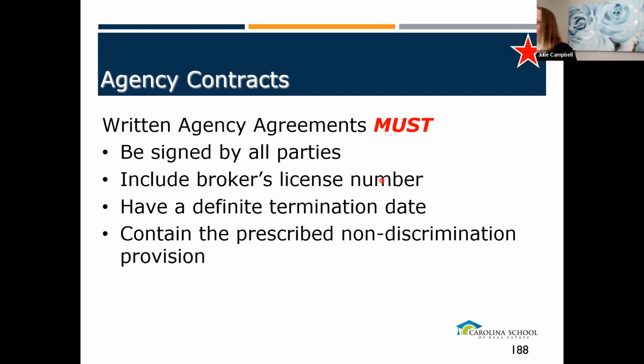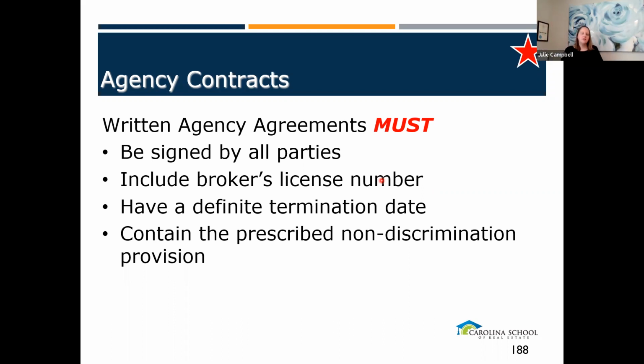The other must of our written agency agreements is that it contains our non-discrimination provision. We actually list out in our agency agreements, in all caps and bold, that we are not going to discriminate against the protected classes, as identified by Fair Housing. We have a whole unit dedicated to fair housing and the protected classes when we get to Unit 19.